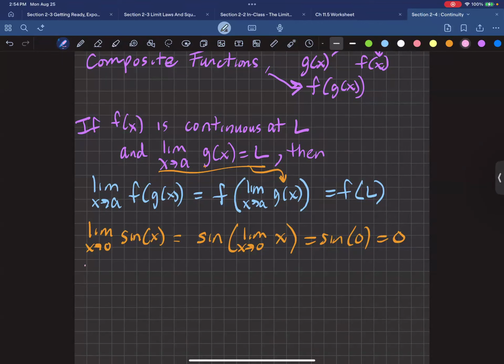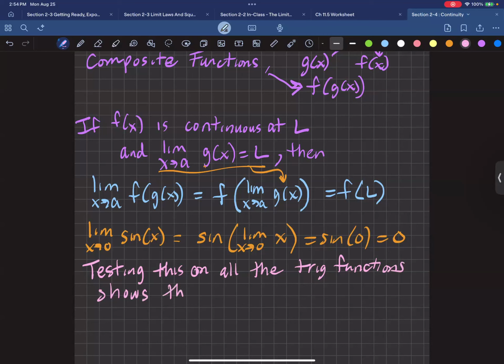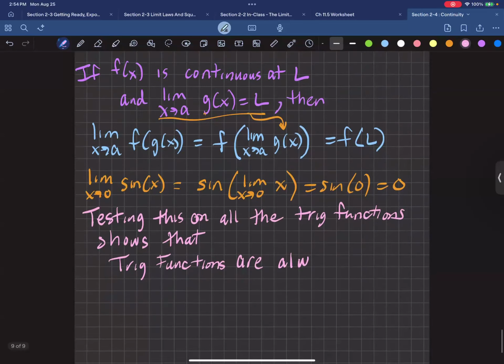Testing this on all the trig functions shows that trig functions are also continuous over their entire domain.